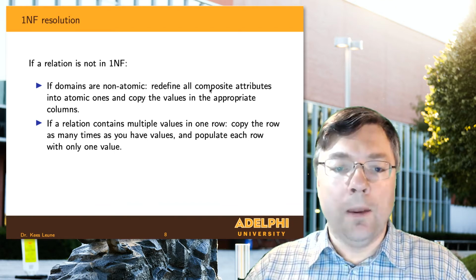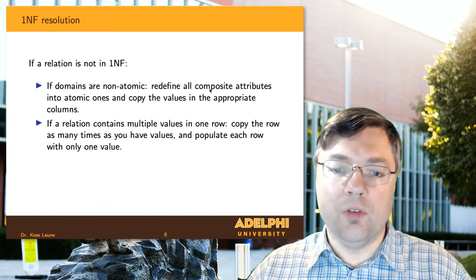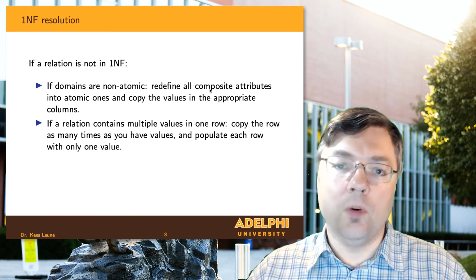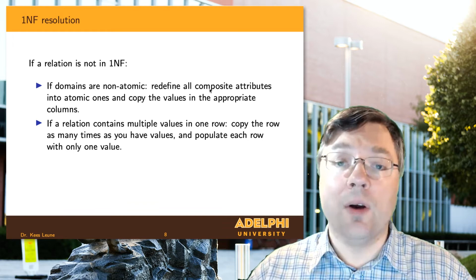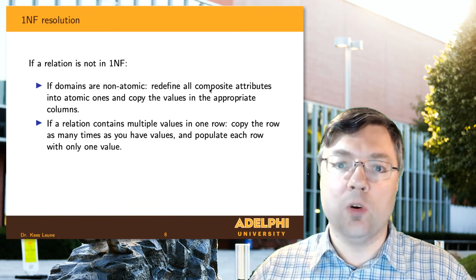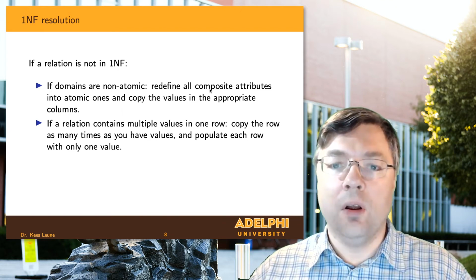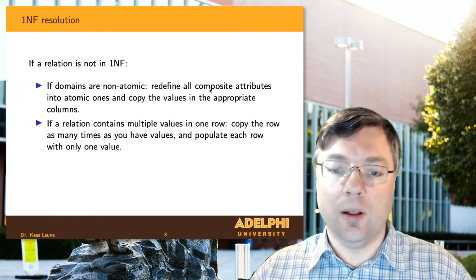So the opposite of this, of course, is a relation that would not be in first normal form, and that means that we need to fix it. So we have identified an anomaly. We have either identified a non-atomic domain, or we have identified a tuple that contains multiple values in a single attribute.